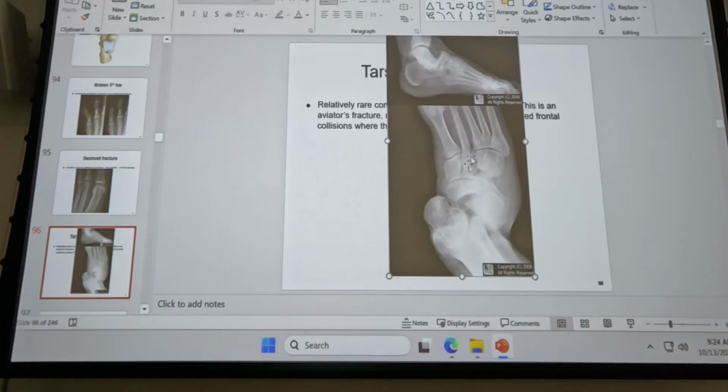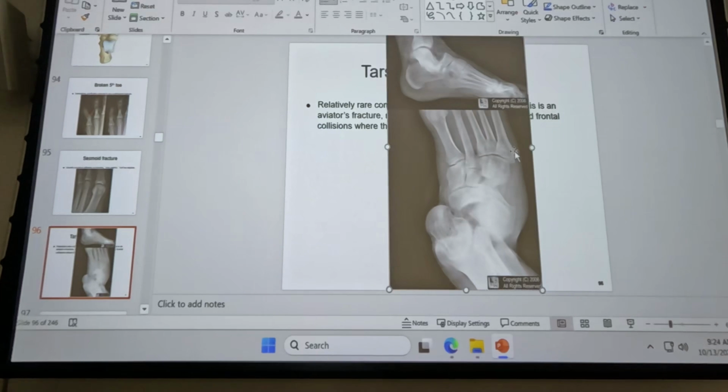but I've seen something similar to this, and it was caused by a high impact collision, and it was truly an airplane crash. So this man and I think late teenage boy were flying an airplane, lost power, and they had to crash land.